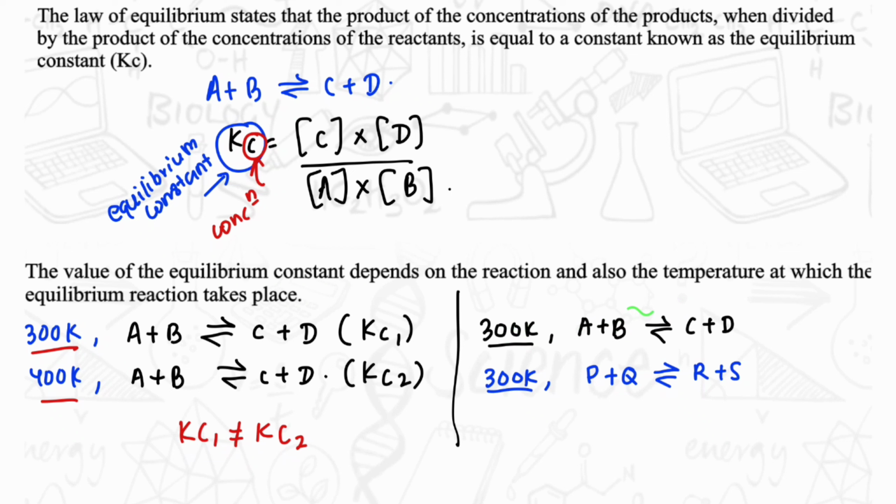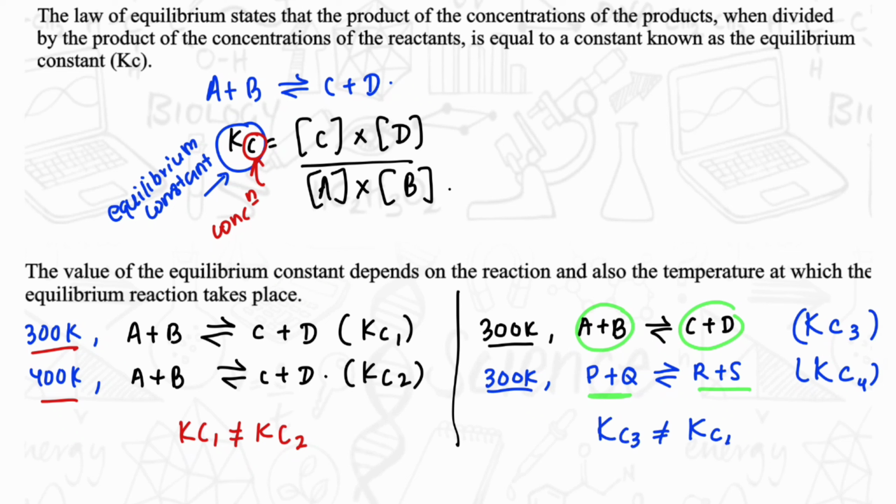So here you have A plus B will give us C plus D, and here you have P plus Q that will give us R plus S. Since these two are separate reactions, this is Kc3 and this is Kc4. Kc3 is not equal to Kc4.